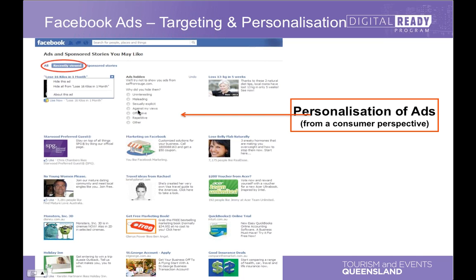And so Facebook will stop showing ads from that company or about that particular subject. So users have quite a high degree of control too about what they are shown on Facebook. It might start with Facebook's best guess at what they're interested in, but users can then click on the ad and say, I don't want to see this, and get fewer and fewer of them. It all comes down to, as I've been saying, targeting and personalisation.